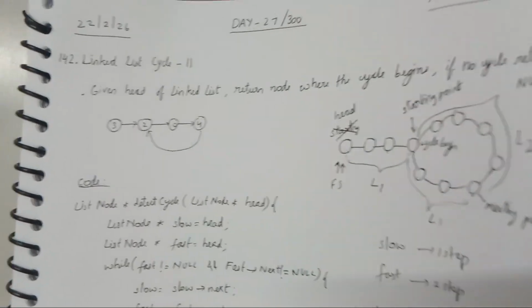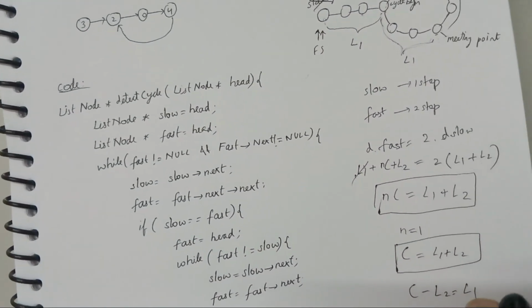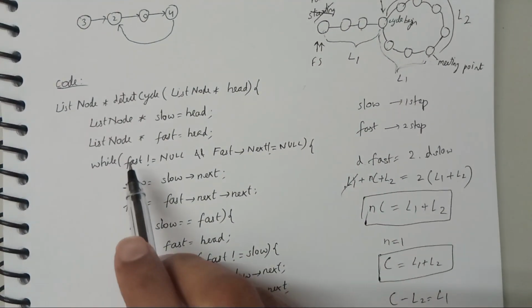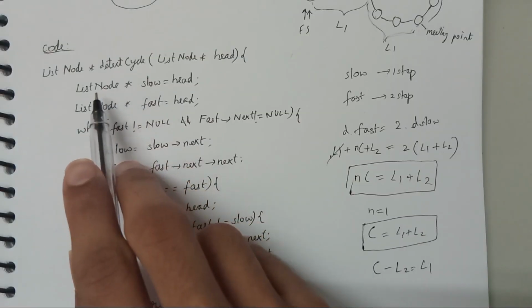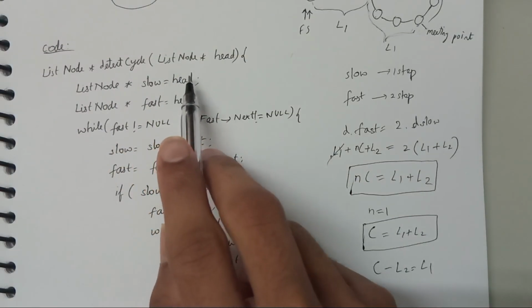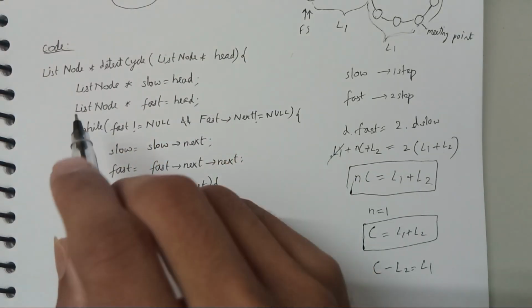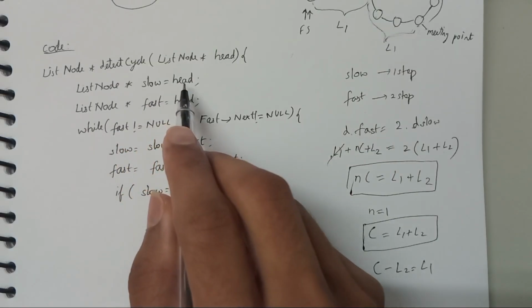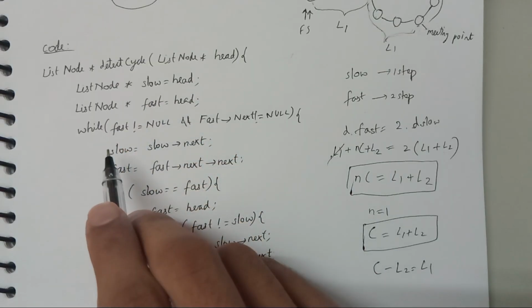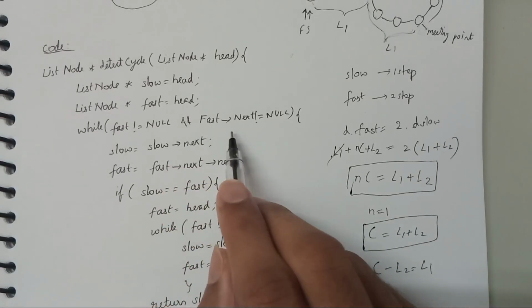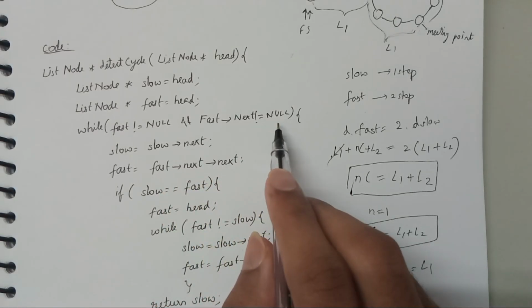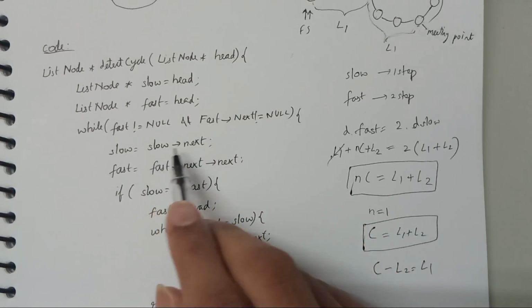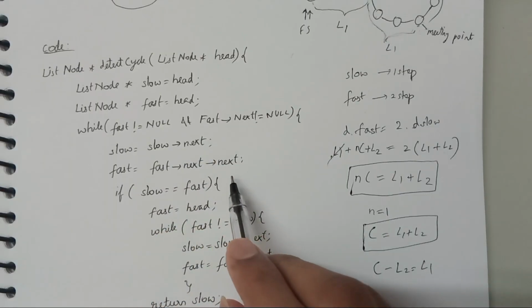So if we check the code here, this is the main function, and it takes input head, and we create slow and fast pointers both starting at head. Now while fast is not equal to null and fast dot next is not equal to null, we move the slow pointer one step and the fast pointer two steps.